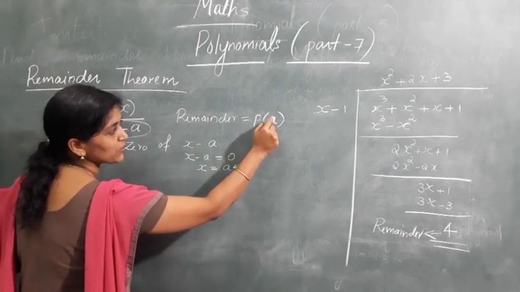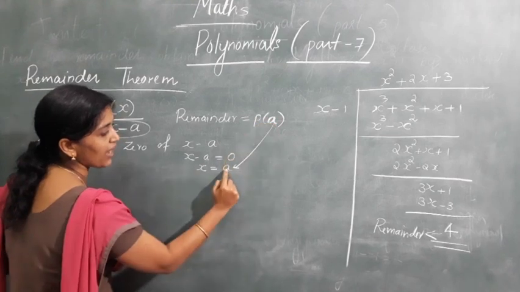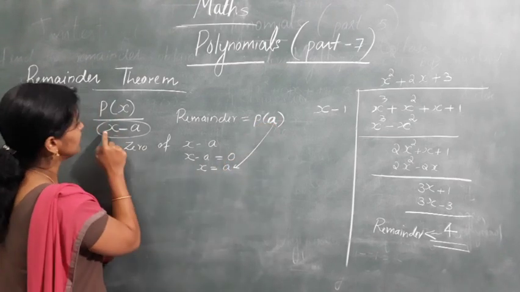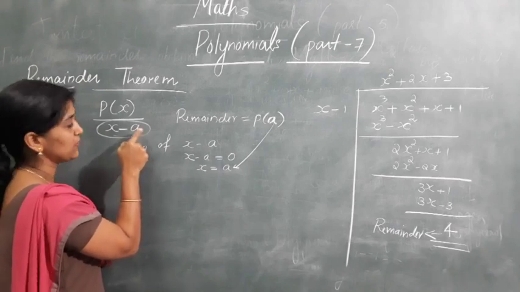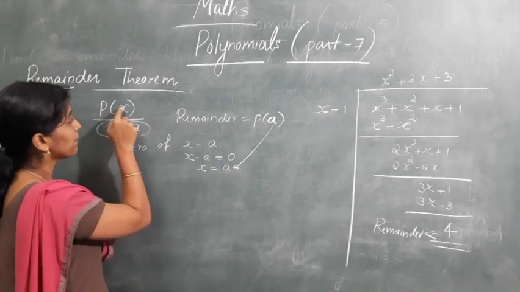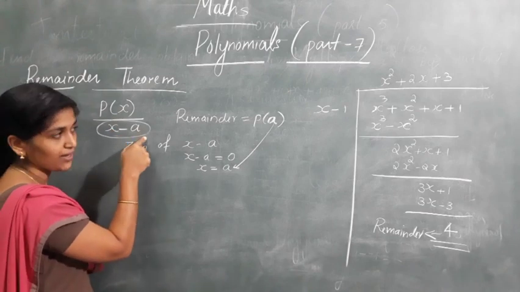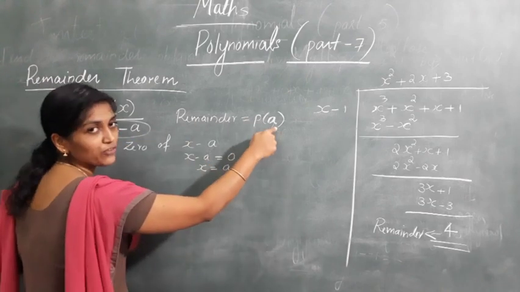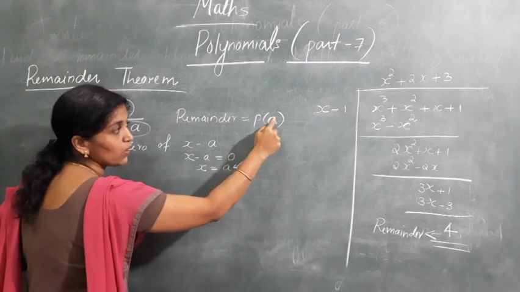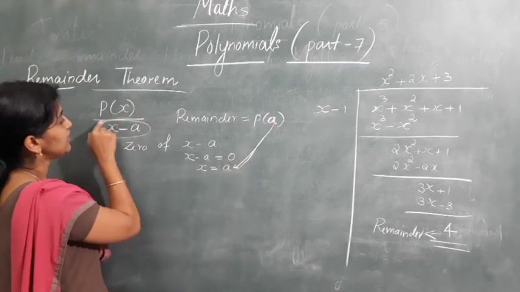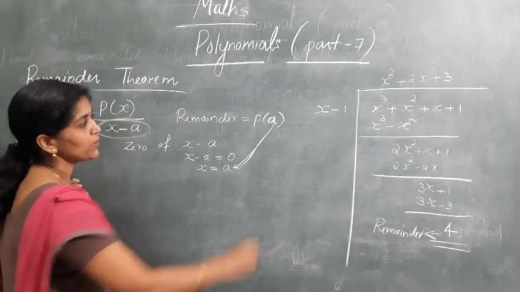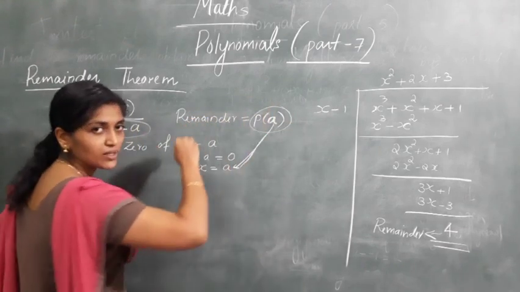The a which we are taking here is the same as the a that is the 0 of this divisor. Clear to you? So when we are dividing p of x by x minus a, the remainder is equal to p of a. Here the a, I am saying, is the 0 of this divisor. And now we have to see p of a. What is p of a?